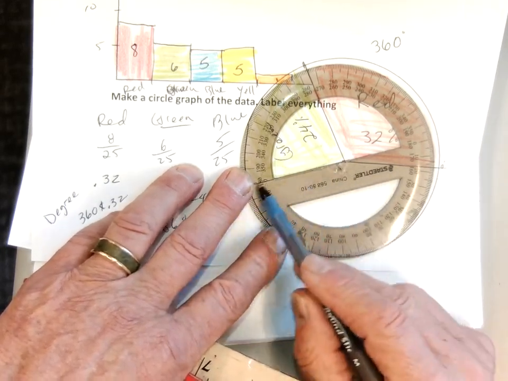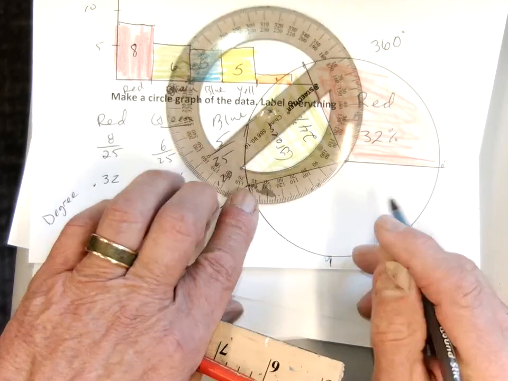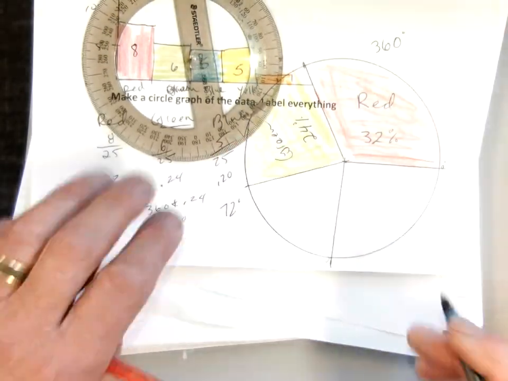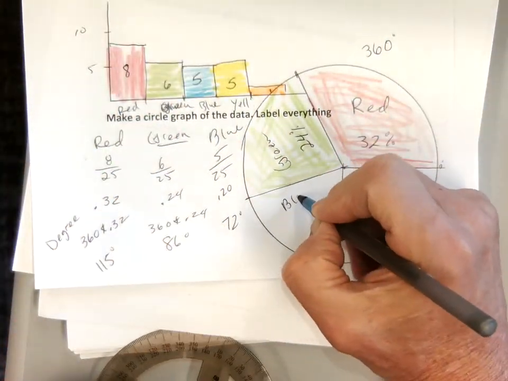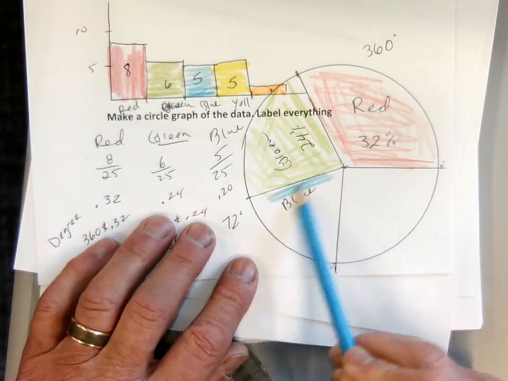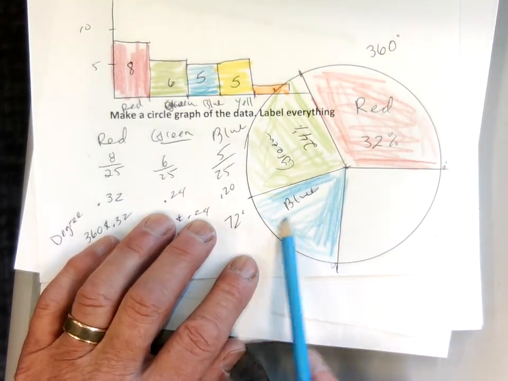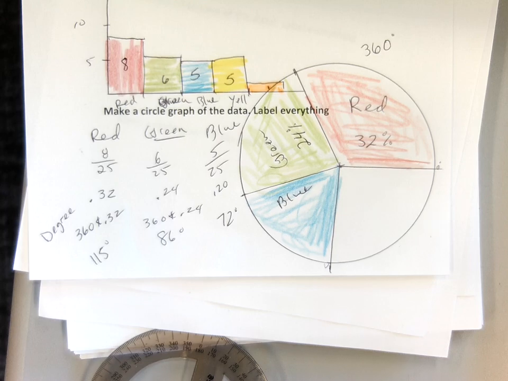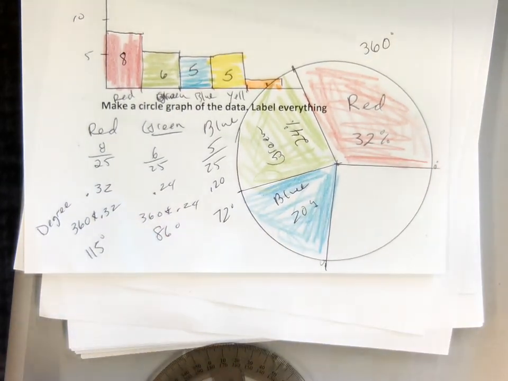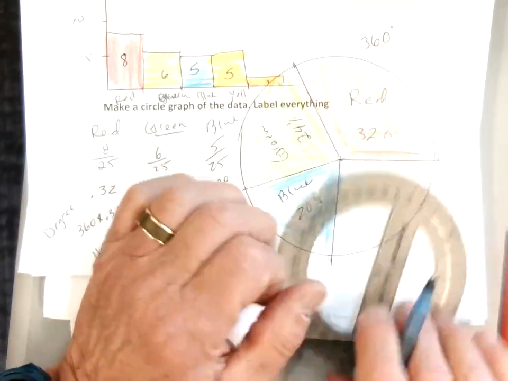Put the protractor at 0, 72, and here's my blue. Trying to do a beautiful job, nice and neat. You guys got the idea, right? 20%. It doesn't have to be exact, but close. It's hard to get it exact.